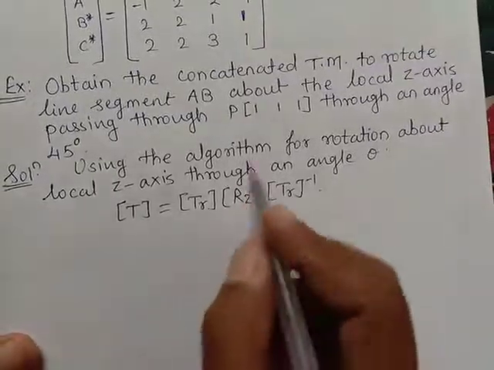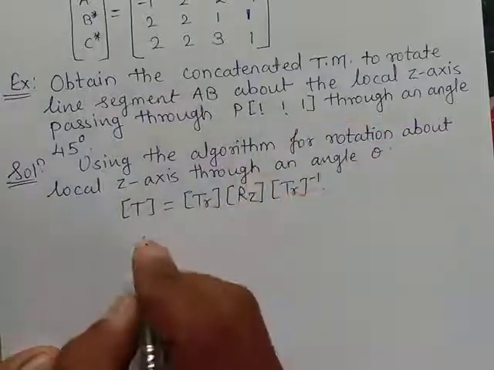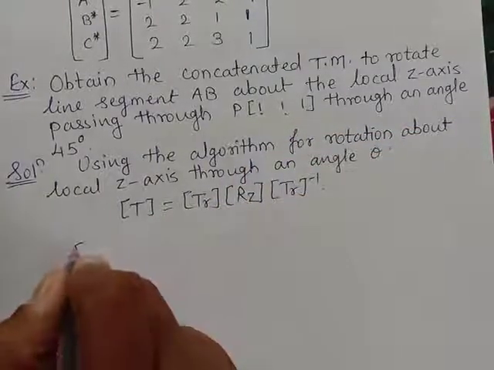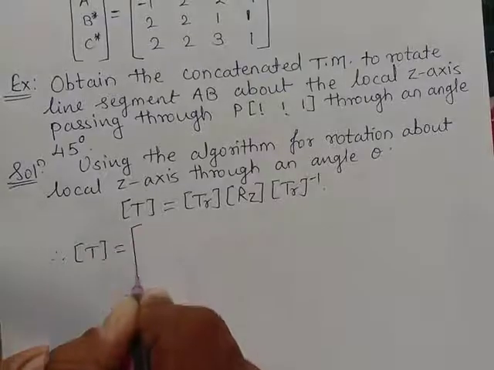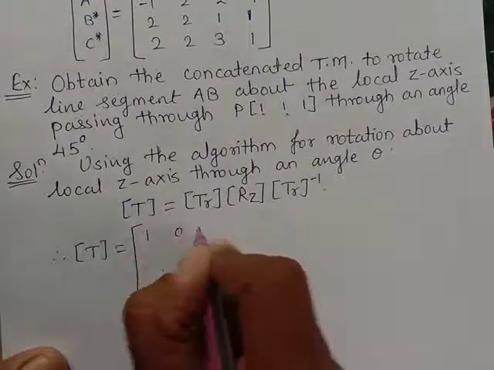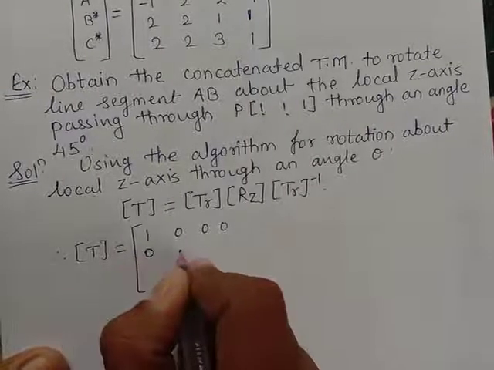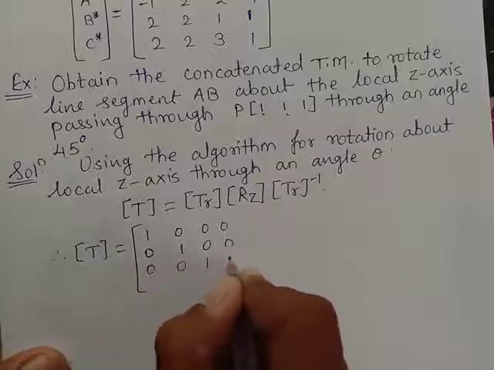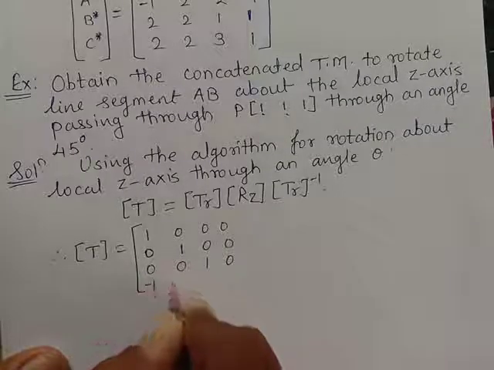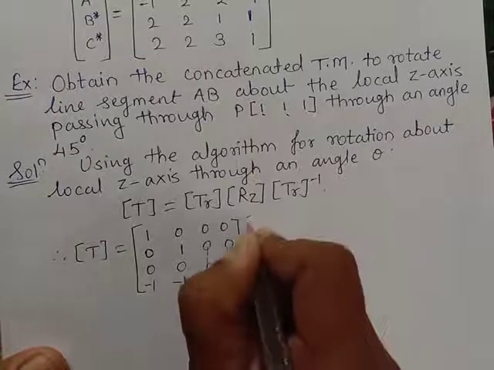What are they? We have the point, right? x1, y1, z1 are these. So translation will give, therefore T equal to the matrix of translation 1 0 0 0, 0 1 0 0, 0 0 1 0, then -1 0 1 through z-axis, right?